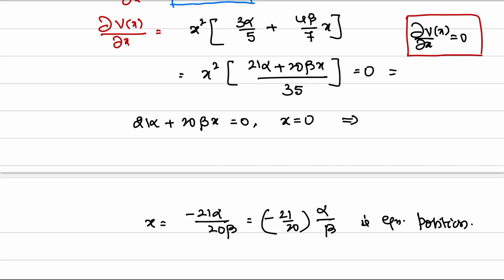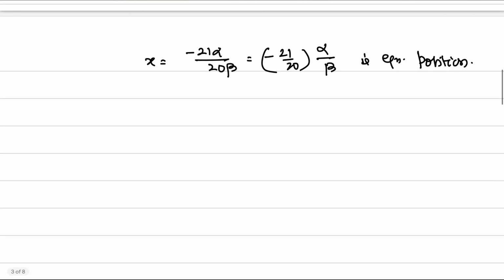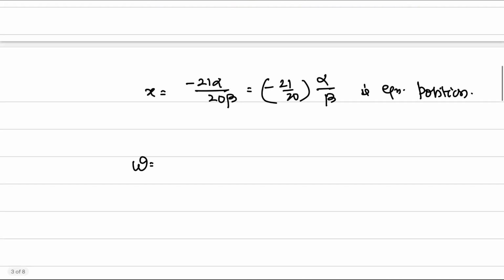Now, at this particular x, we have to find out the omega. What is the formula for omega? In the last lecture we have seen the value of omega.